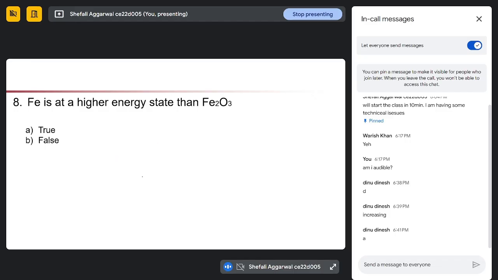So we are forcefully converting iron oxide, ferrous oxide, to iron, right, in the blast furnace. To have this conversion, we are using a blast furnace.